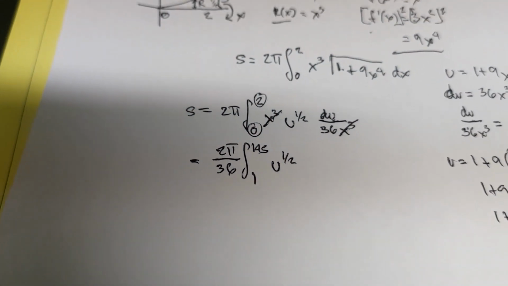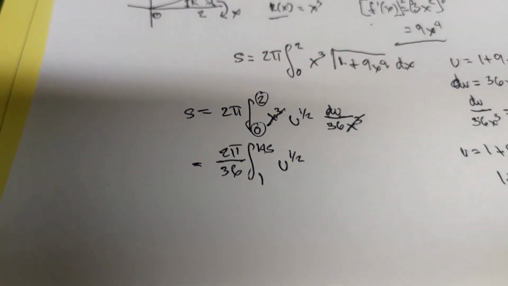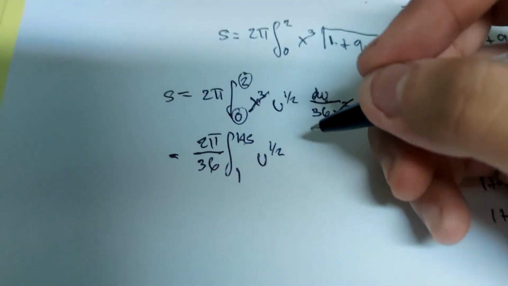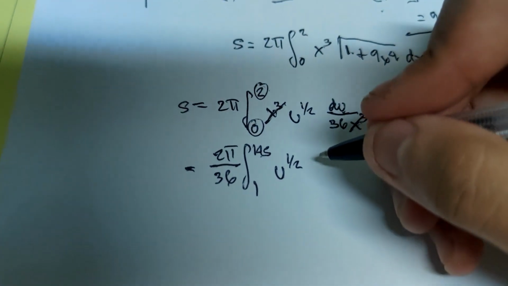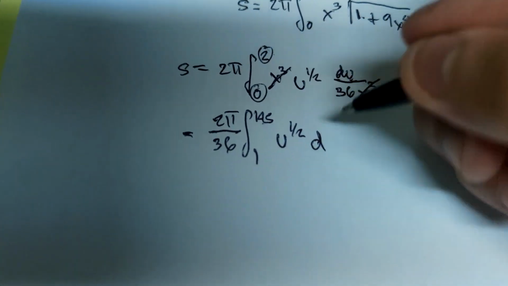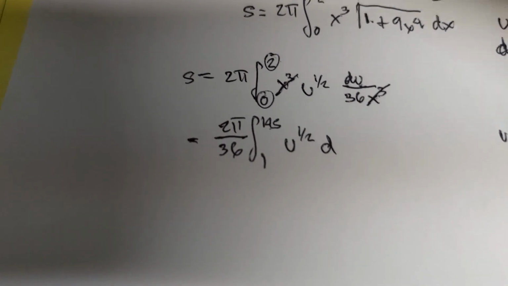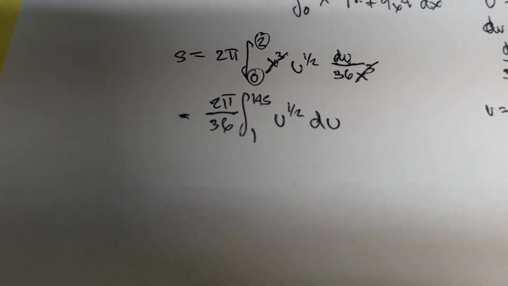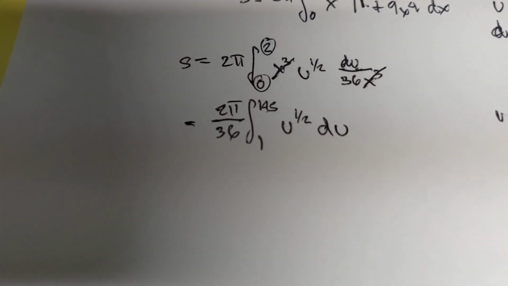So now we have 2 pi over 36, with the limits of 1 to 145, u raised to 1/2 du.